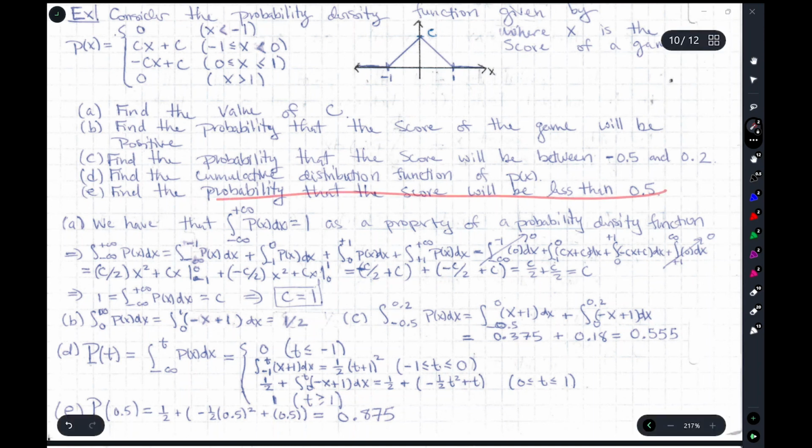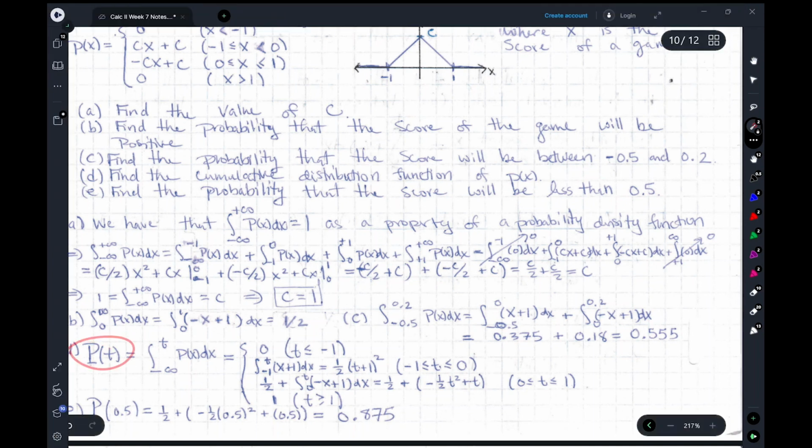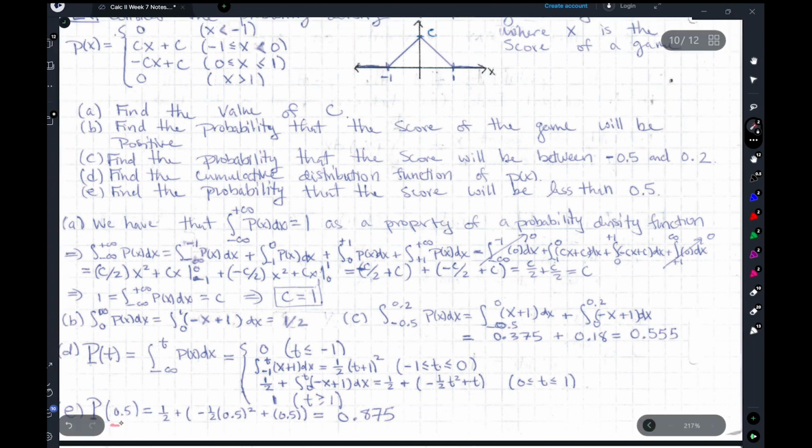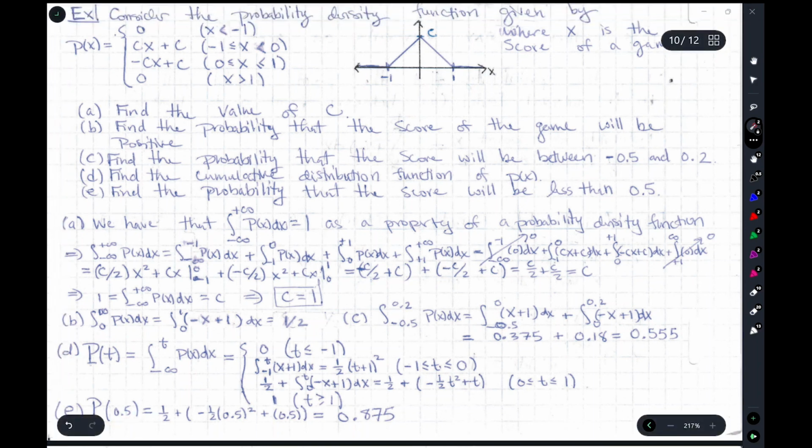Find the probability that a score will be less than 0.5. Again, we could carry out the integral from minus infinity to 0.5, but why would we do that? We already calculated the cumulative distribution function, so all we have to do is plug in 0.5. 0.5 is between 0 and 1, so we're going to use this part of the piecewise function, and we will have 1/2 plus negative 1/2 times 0.5 squared plus 0.5, and we get 0.875.